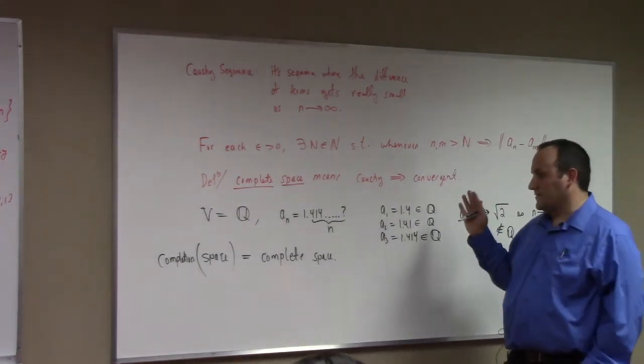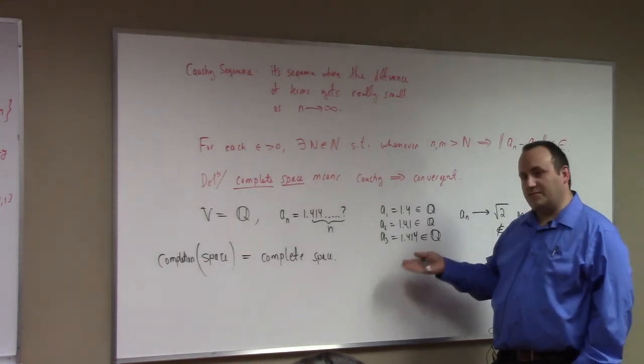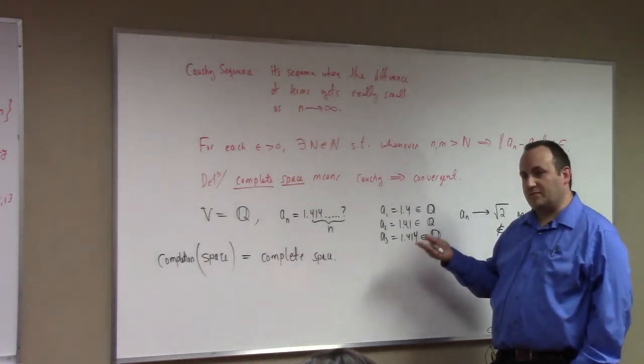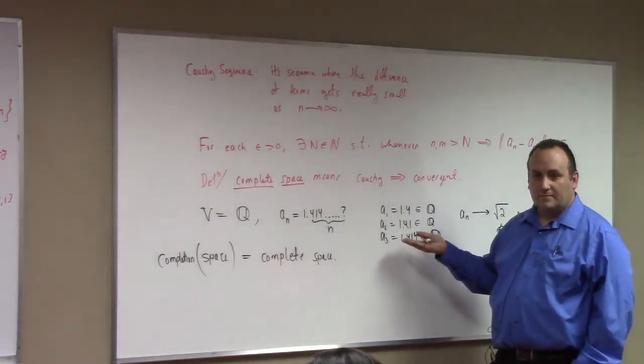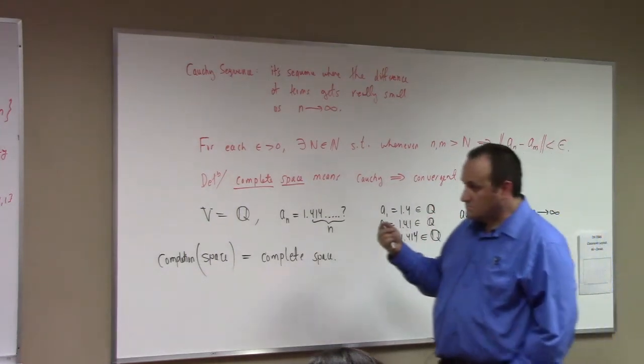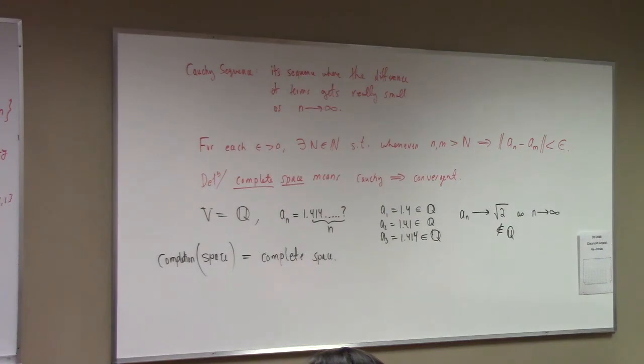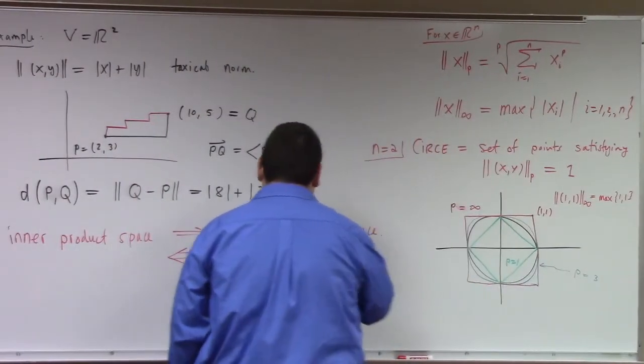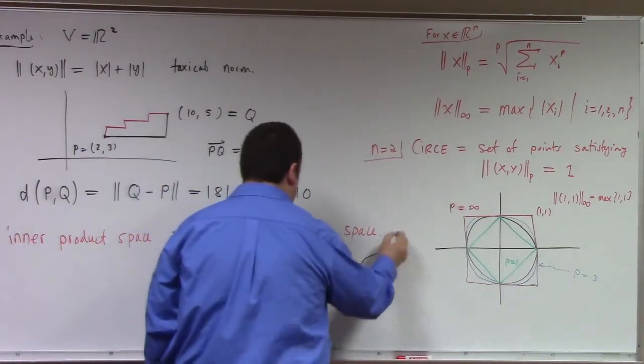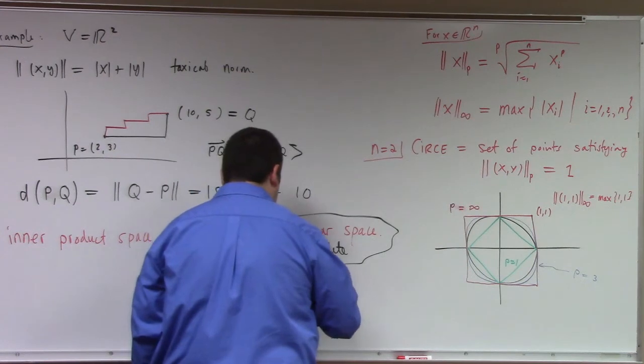But anyway, the real numbers are complete because if you take a Cauchy sequence of real numbers, you get a convergent sequence. More generally speaking, if you have a normed linear space which is complete, or in other words, a complete normed linear space, then this is what's called a Hilbert space.